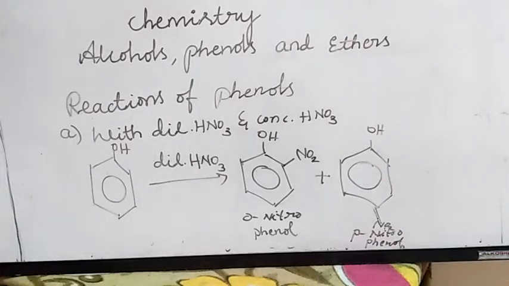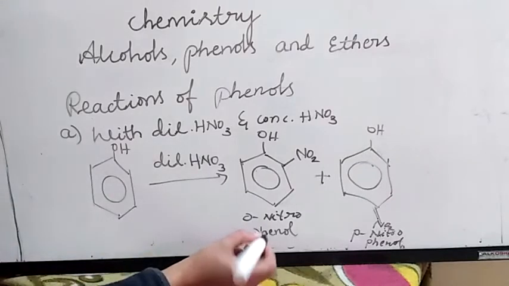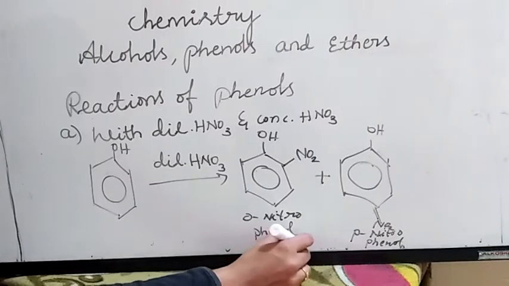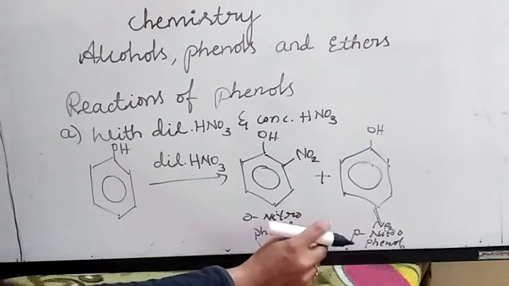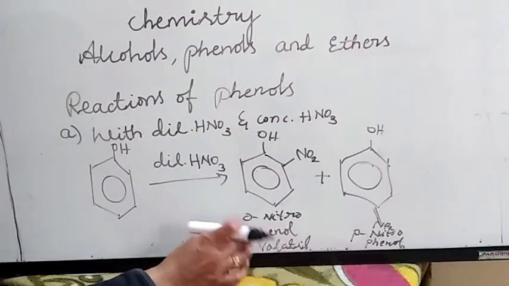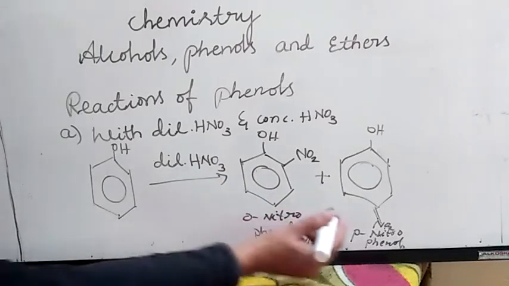These ortho and para isomers can be separated by steam distillation. By passing steam into this reaction mixture, we can separate orthonitrophenol and paranitrophenol. Orthonitrophenol is volatile, which means it will evaporate easily, because of intramolecular hydrogen bonding.